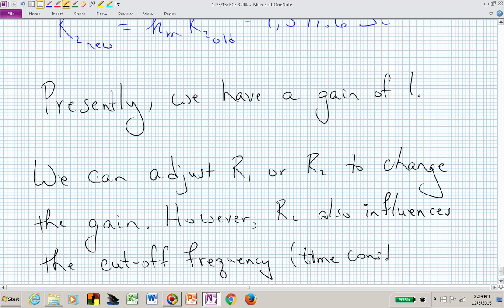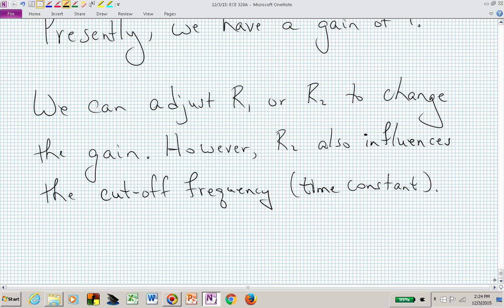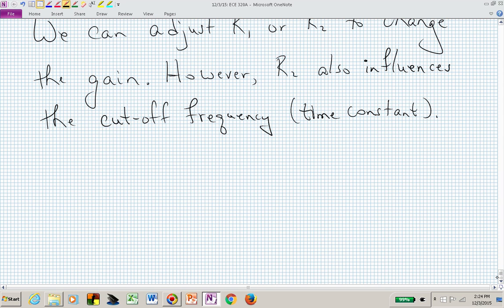Those impact each other. And for that reason, let's use R1 to adjust the gain, because if we adjust R1, we won't change the time constant or the cutoff frequency. So we're going to use R1 to adjust the gain.